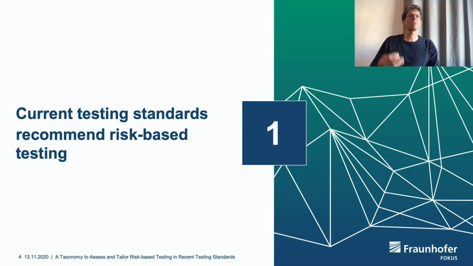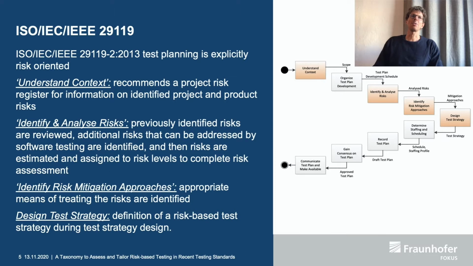Let's have a look at, for example, the ISO IEC IEEE 29119. This is more or less the testing standard. It consists of, I think, 5 documents. And if you look at part 2, test processes, you find a risk-based methodology to derive a testing strategy within this standard. You can see it on the right hand side.